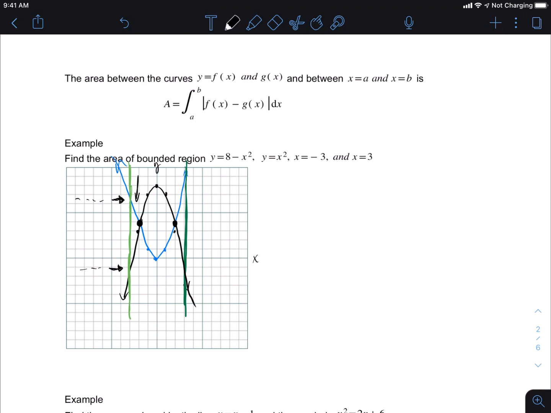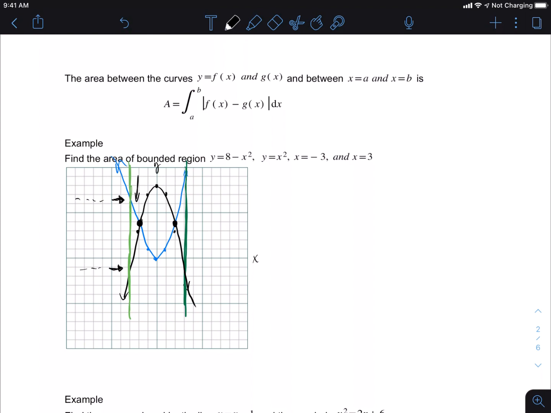And that's what we're going to do here. So in this case, we have 4 equations given to us, right? Y is equal to 8 minus x squared, that's the one in black. Y is equal to x squared, that's in blue. X equals negative 3 is in that lime green, and x equals 3 is that forest green. Okay?